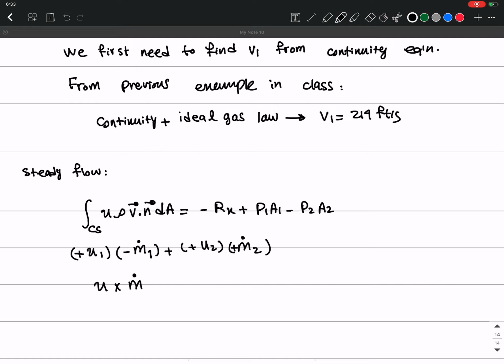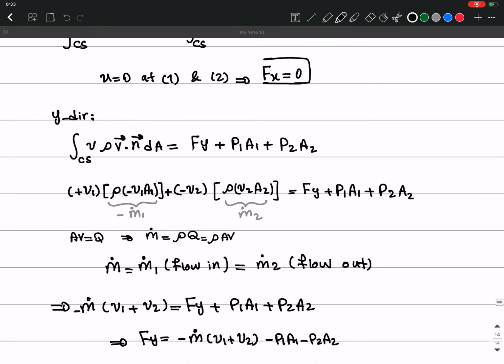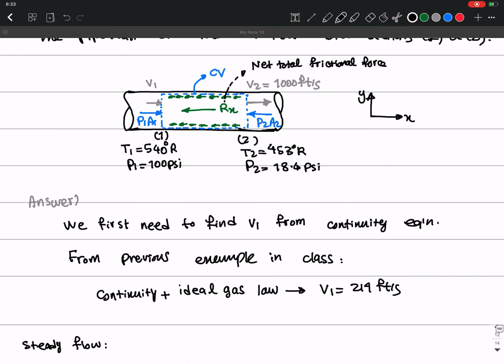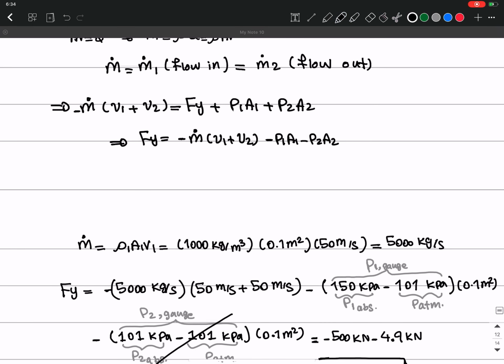Or another way you can show that. So let me write this down here. You can either remember the linear momentum equation as this, or another way you can remember it if you want to include other terms. You can remember it as the one we wrote here, which is V1 times rho AV, right? So you can remember it as U times rho AV.